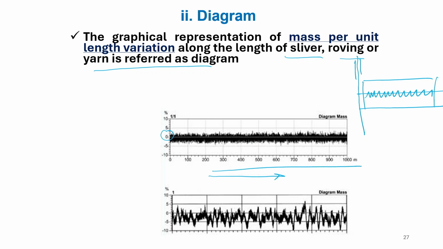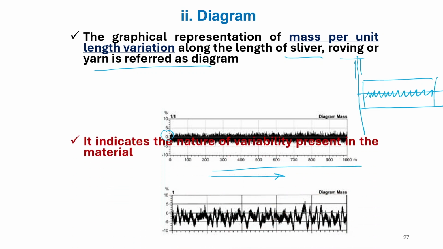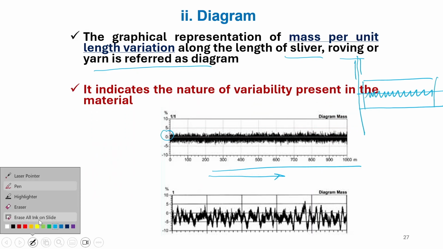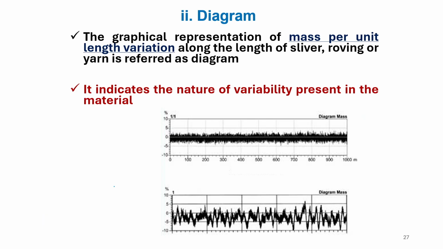The X axis is length, and the Y axis is the mass variation. So, it indicates the nature of variability present in the material.